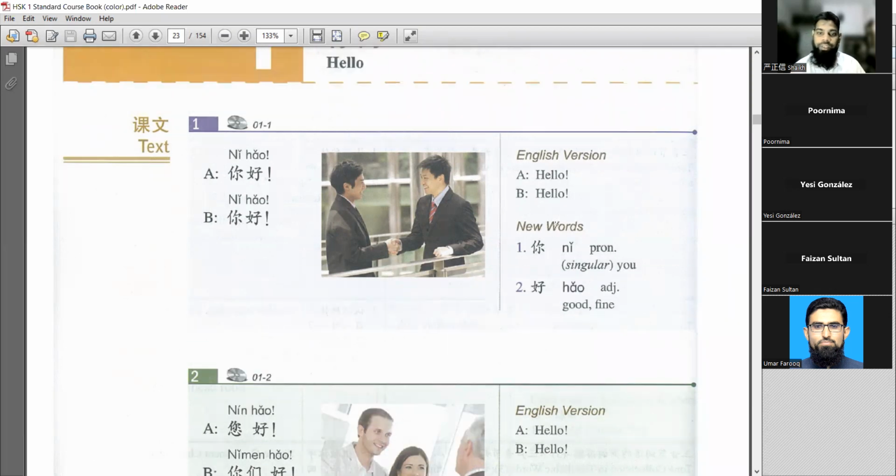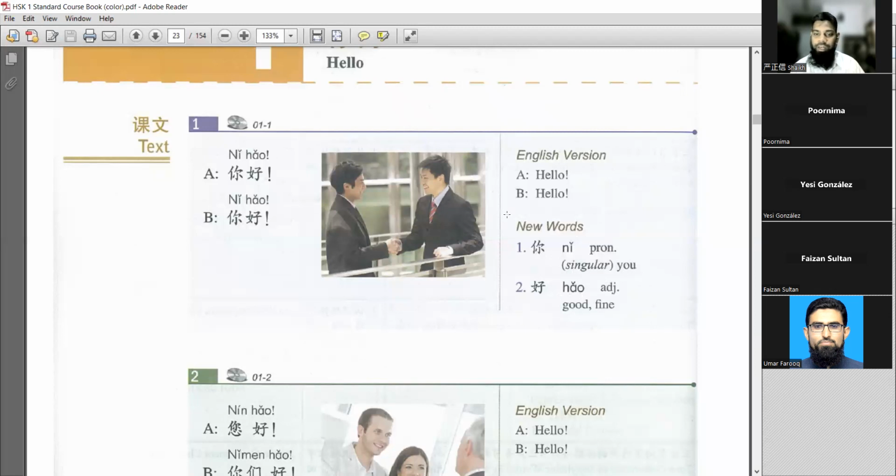Here in this list, you can see there is a syllable that is ni. Ni is written in this way. I'm not going to focus on this character right now, but ni is written in this way because you are learning the Chinese language with the help of this pinyin. And ni is the pronoun for a singular person, and the meaning of ni is you. And then we have hao. Hao is an adjective, and the meaning of this adjective is good or fine.